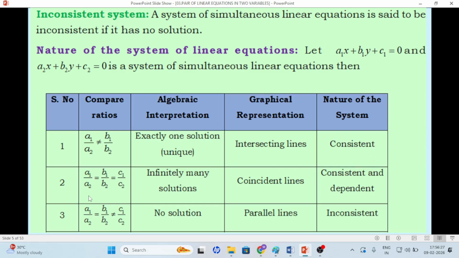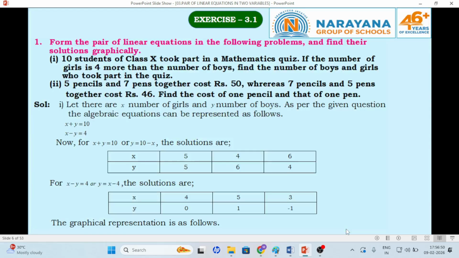When the ratio of x terms, y terms and constants are the same, we can say both the lines are coincident lines. In this case, the system of linear equations is consistent and dependent, with infinitely many solutions. And if the ratio of the x terms and y terms are equal but the constants are not equal, the system of equations has parallel lines. As there is no solution, these are inconsistent, right?